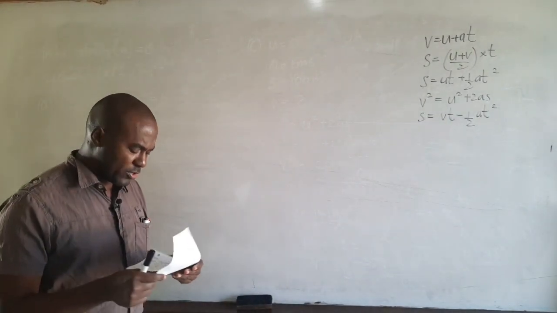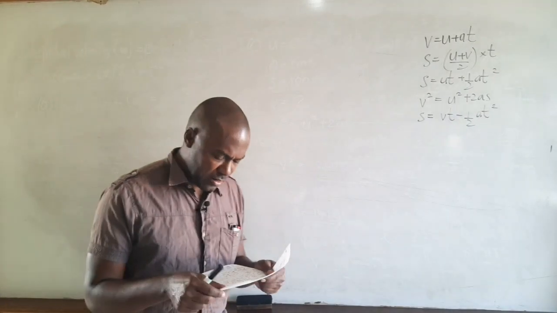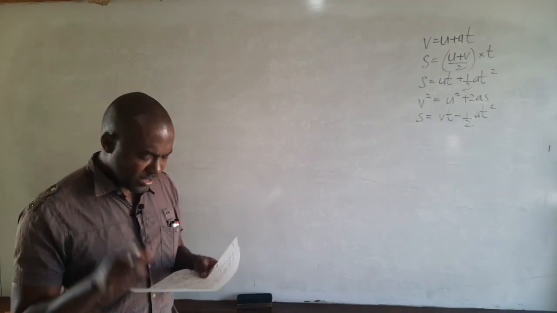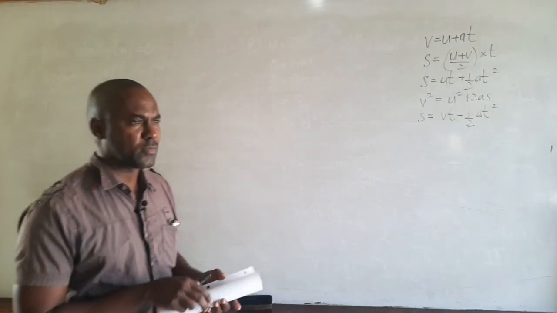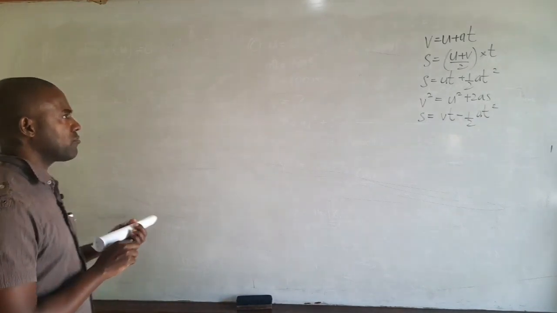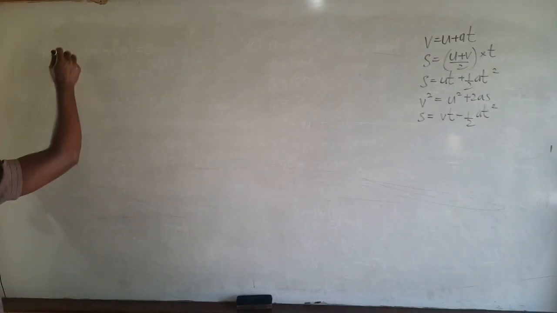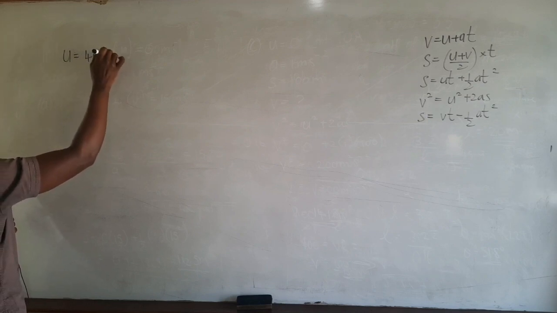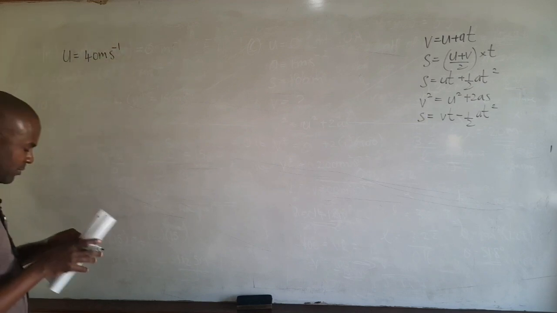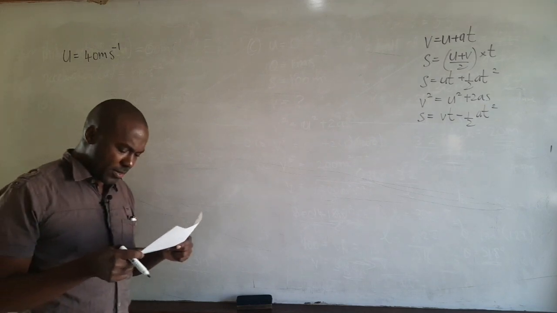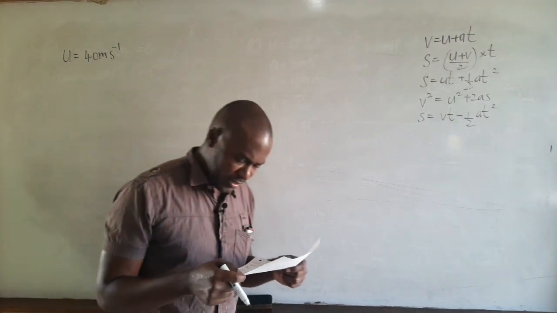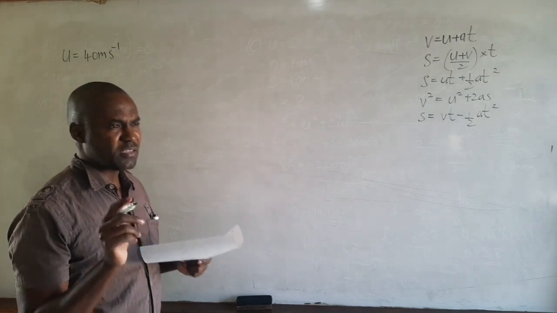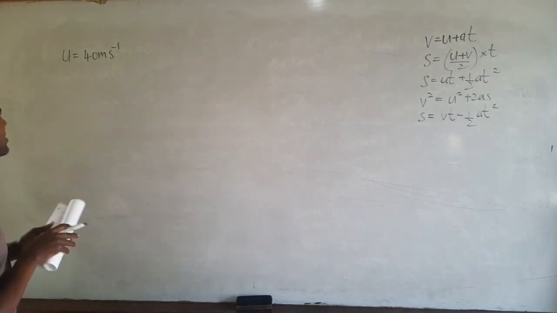So what is the first thing we're told? When the brakes of a car are applied in a car which is moving at 40 meters per second. So this 40 meters per second represents the initial velocity, u. So we write u equals 40 meters per second. So when brakes are applied, the speed is reduced from 40 meters per second to 25 meters per second.